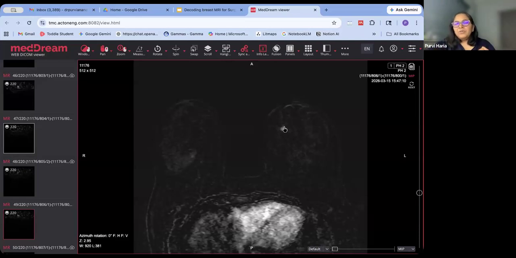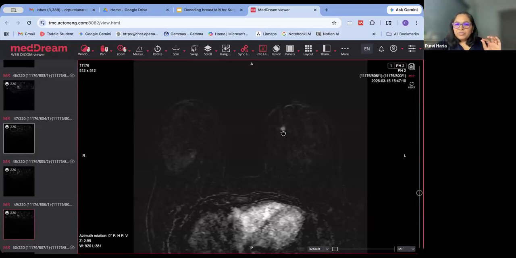The point that I want to tell you is that sometimes some benign pathologies can also show such early enhancement. Those are intramammary lymph nodes, and some papillomas show very early enhancement, like in the 4th, 5th phase.